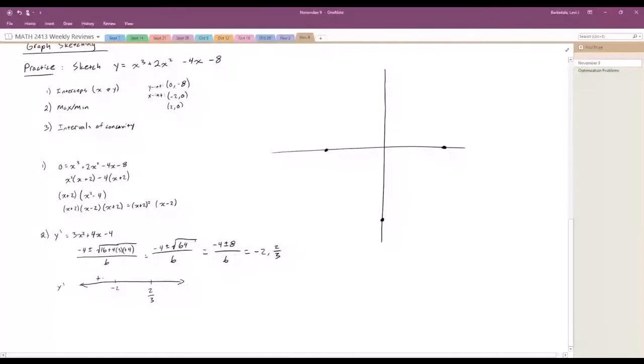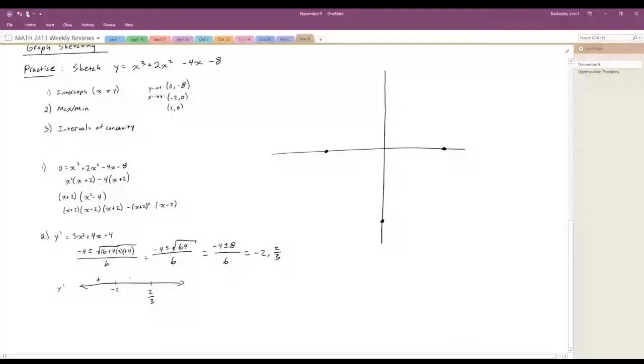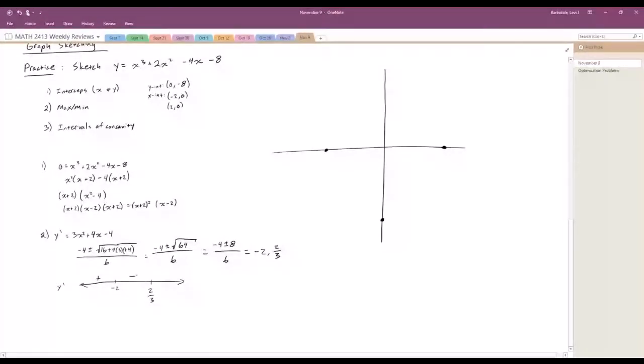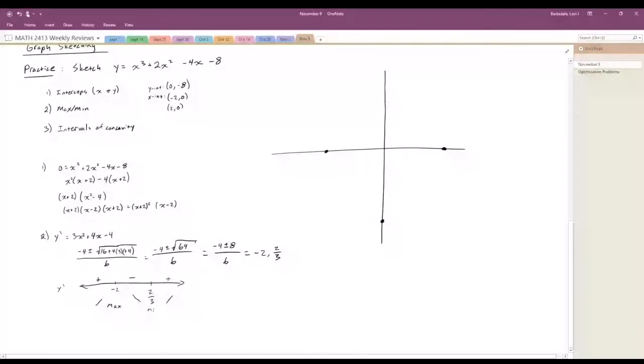For a value such as 0, I could see that I would get negative 4, so a negative value. And again, for values larger than 2/3, I could use positive 10. I would see that I have a positive value here. So now I can clearly see that negative 2 is my max, and 2/3 is my minimum.